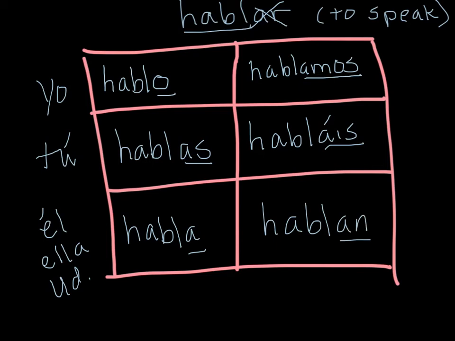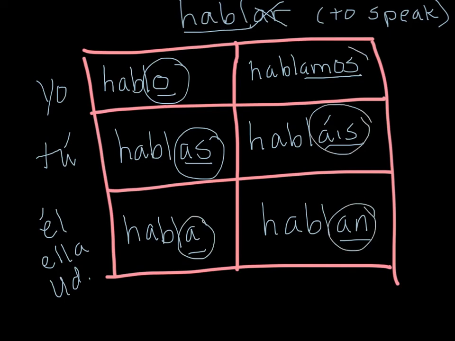Those endings are almost always used, with just very few exceptions, on AR verbs. So if you can learn those endings and you know your pronouns, you'll be able to say just about anything.